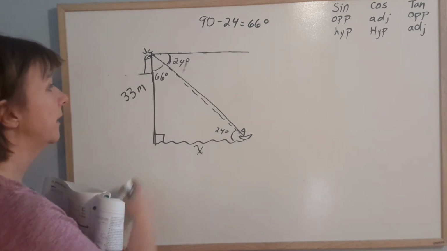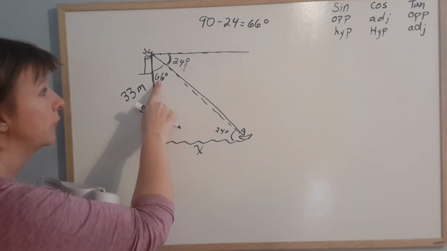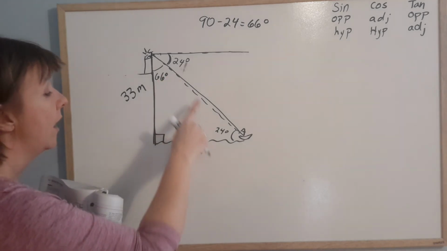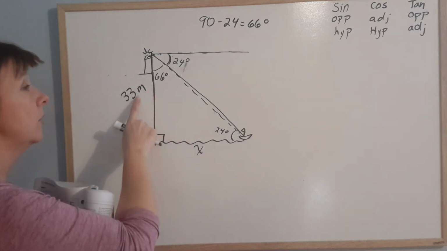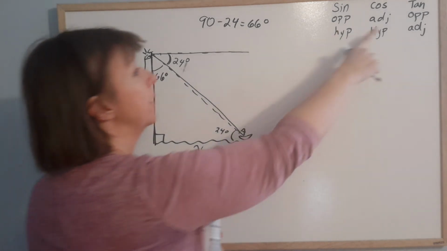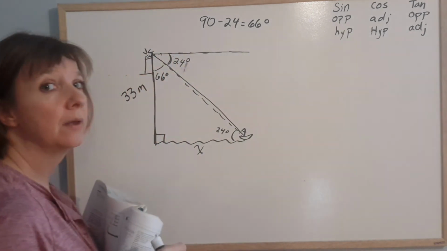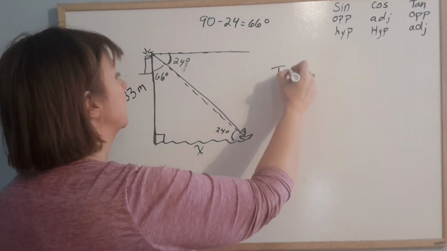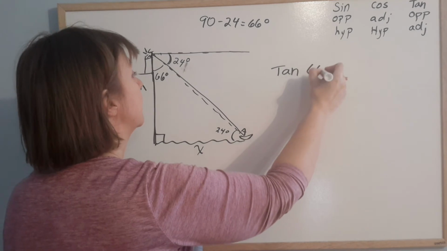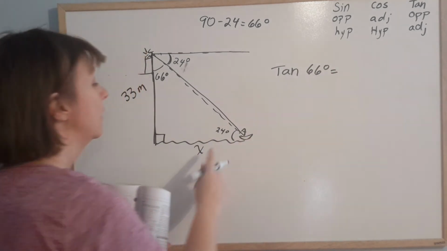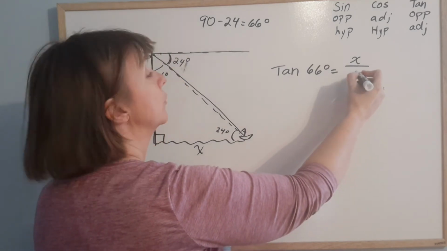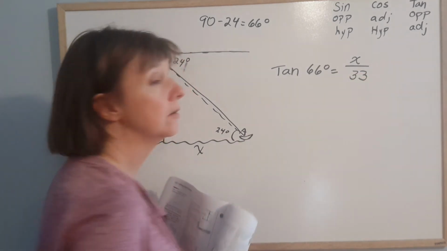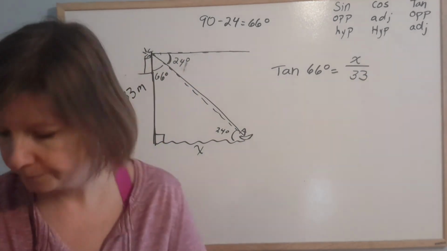From this reference angle, I want to know the opposite side, and I already know the adjacent side. So that means I should use tan. So tan of 66 degrees is the opposite side, which I don't know, over the adjacent side, which is 33.